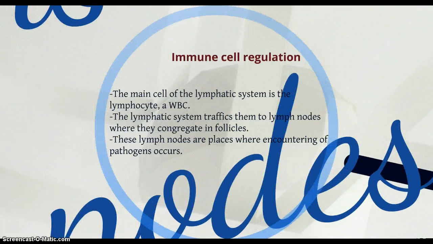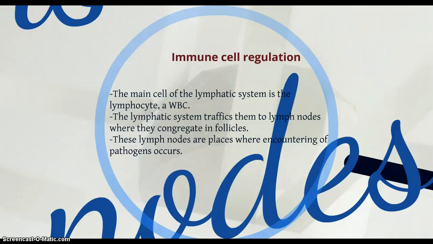Anyway, immune cell regulation. The main cell of the lymphatic system is a lymphocyte, and if you remember from our blood cell unit, that's basically a white blood cell. They traffic the immune cells to areas called lymph nodes.